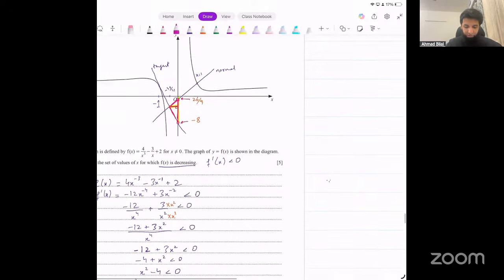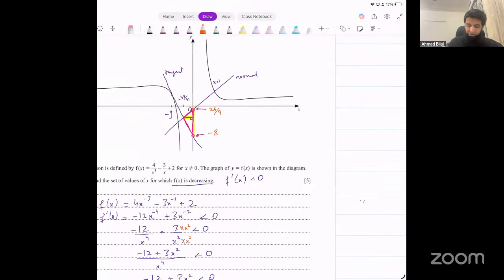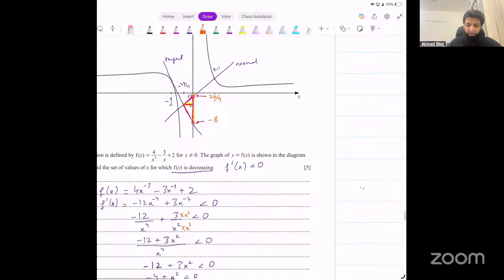So we have this function. The graph of the function is shown on the diagram. We need to find the set of values of x for which f of x is decreasing. Now, what does that mean? If a function is decreasing, the derivative of the function has to be less than 0. So we differentiate the function and put that less than 0.